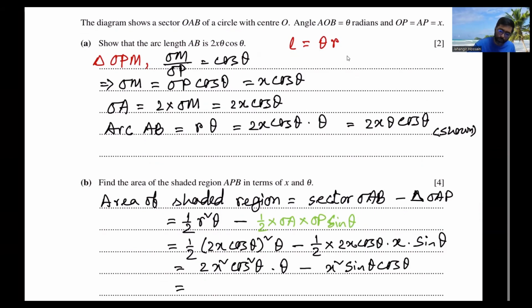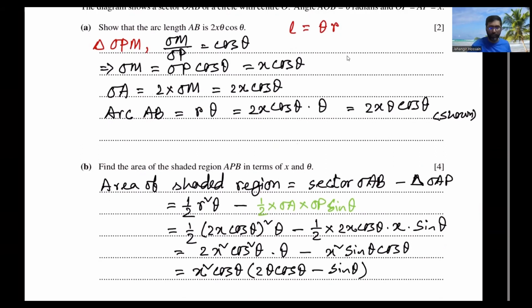So if we take x square cos theta common, we have 2 theta cos theta minus sin theta. That's the area of the shaded region in terms of x and theta. Okay, that's part B.